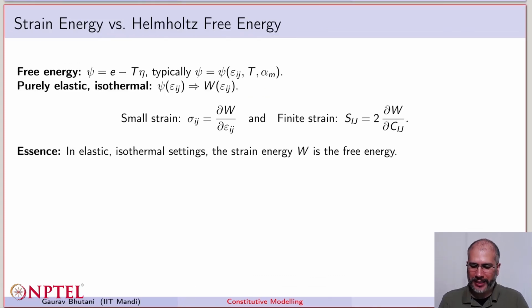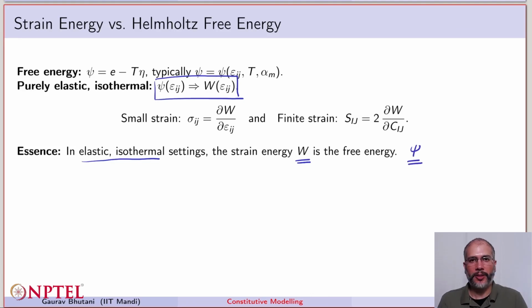Now for a purely elastic isothermal material, our free energy would only be a function of epsilon, and that actually becomes the same as the strain energy W. So what we are saying is that for elastic isothermal settings, our strain energy W is the same as the Helmholtz free energy psi. They are the same thing.